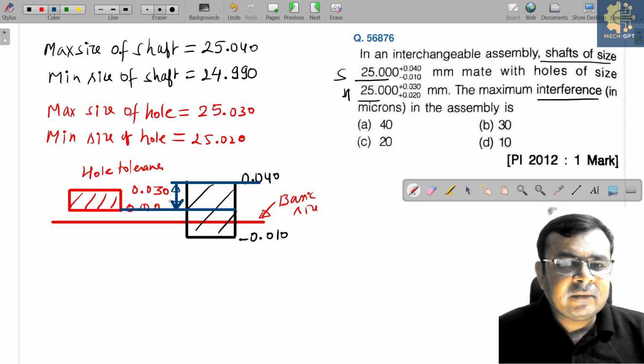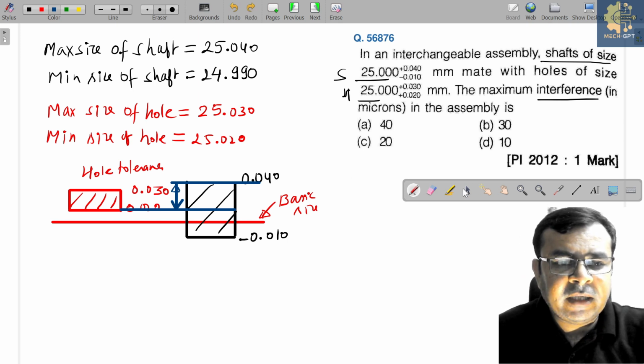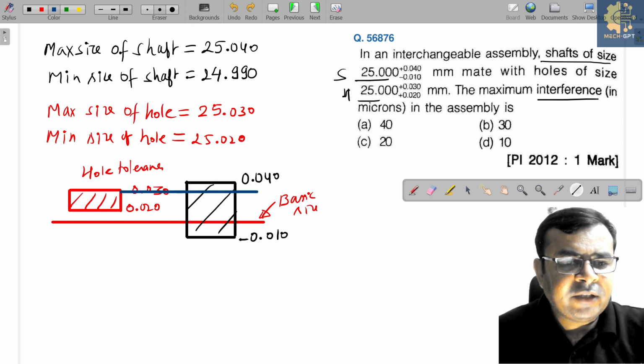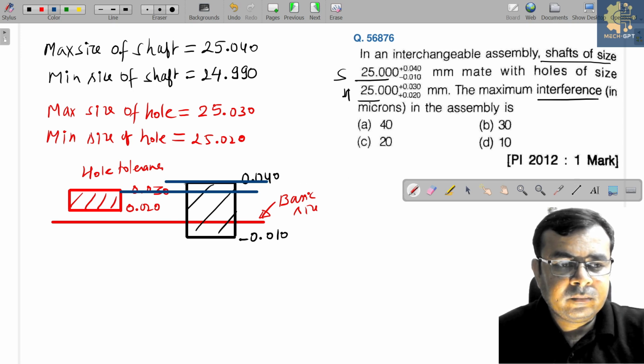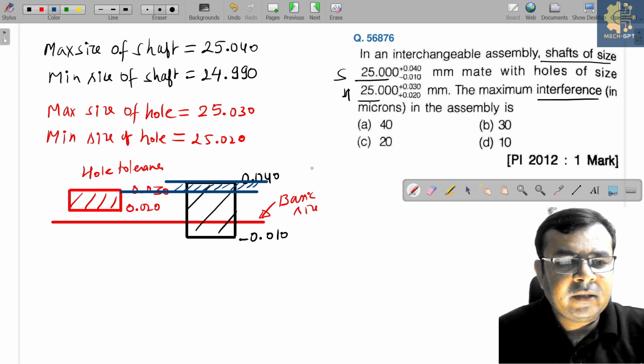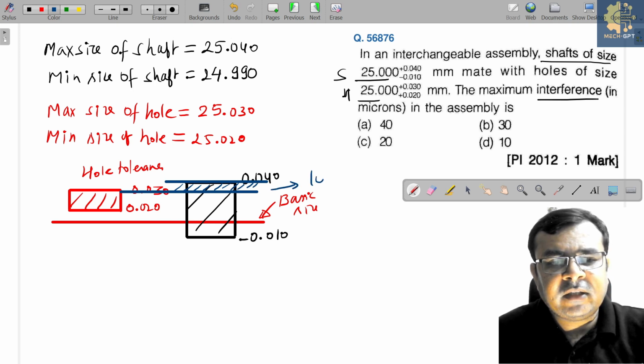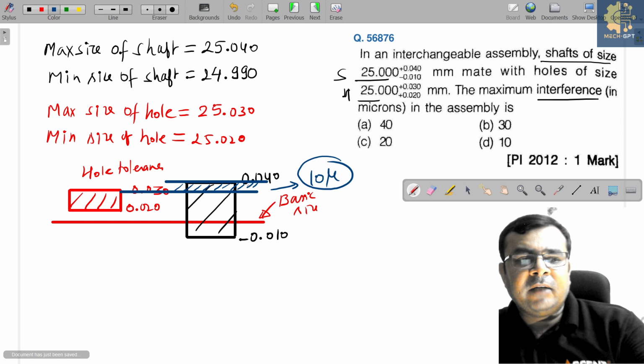But if I talk about how much maximum interference takes place, this is called the maximum interference. This is the actual interference, correct? And this is nothing but 10 micron.